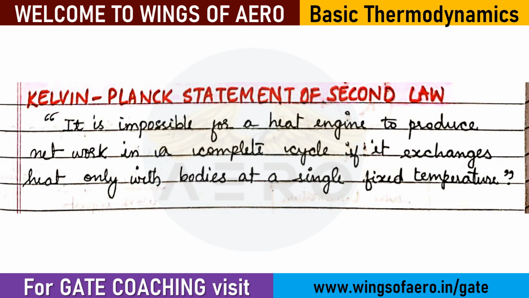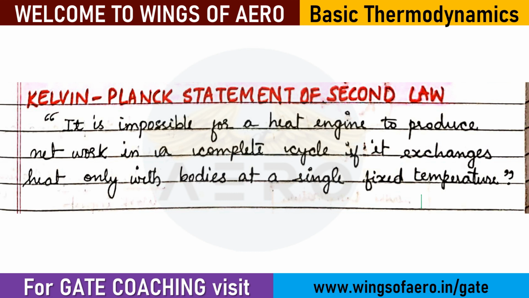Kelvin-Planck statement of second law. So you should remember these statements as they are. It is impossible for a heat engine to produce net work done in a complete cycle if it exchanges heat only with bodies at a single fixed temperature. So basically it is defined.